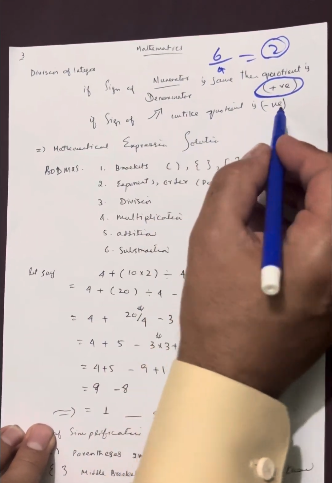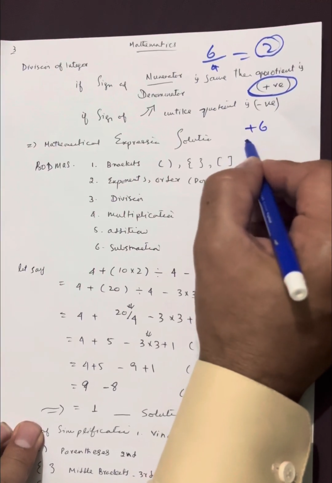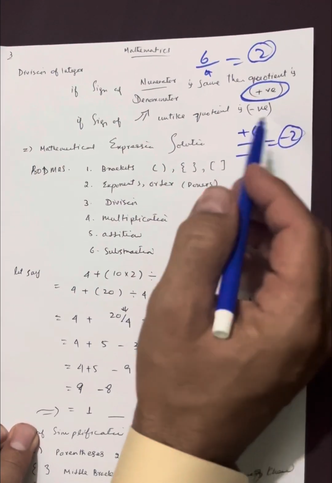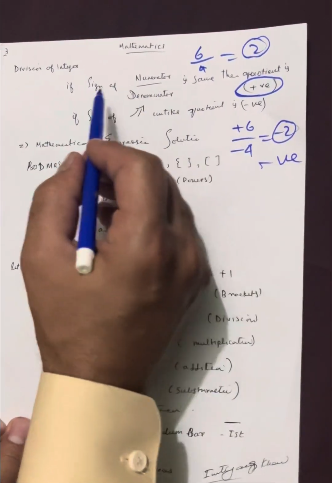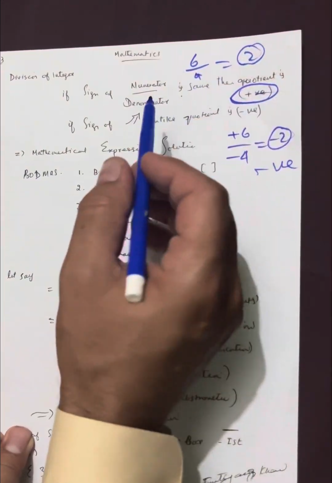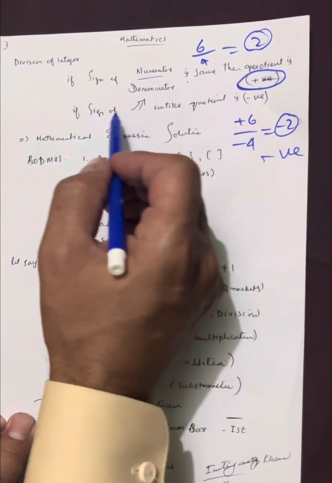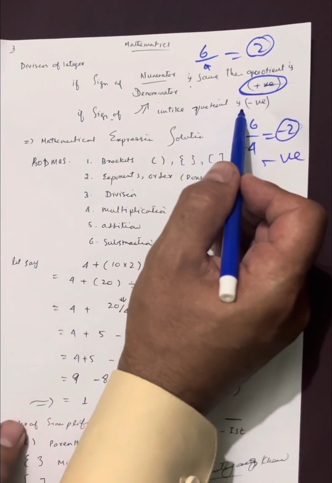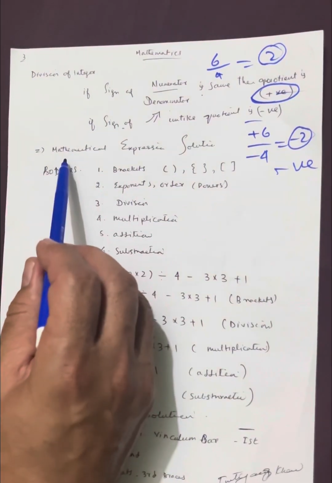If the signs are unlike, like plus 6 and minus 3, it will be minus 2, negative.